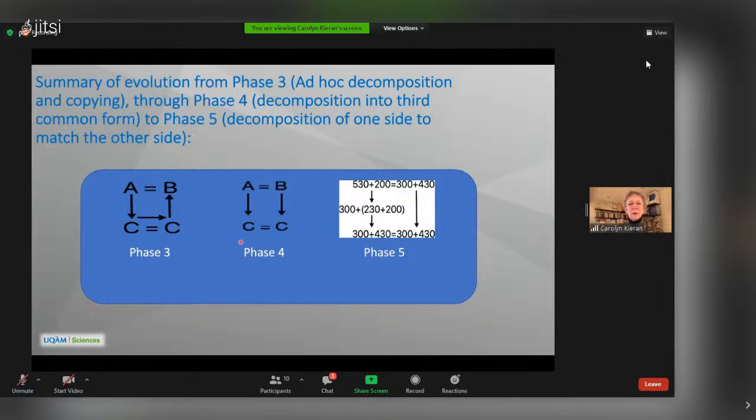In phase 4, decomposition into a third common form involved decomposing side A into C, and guided by this decomposition, using the same decomposition of side B into C.